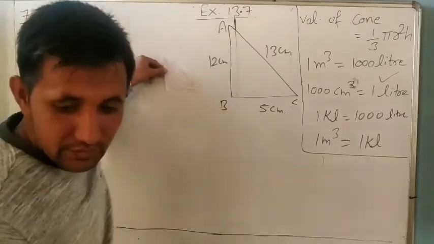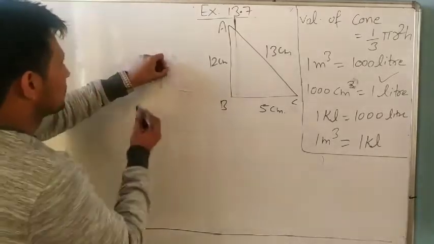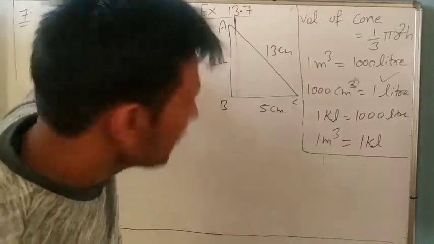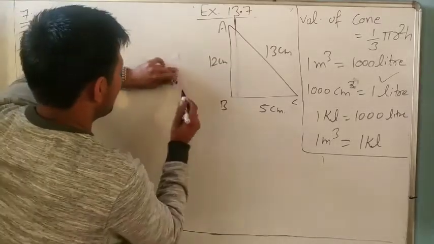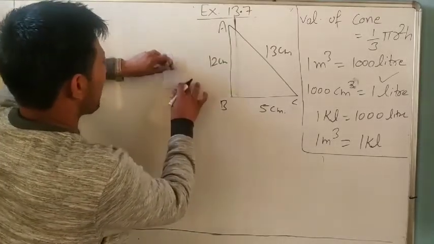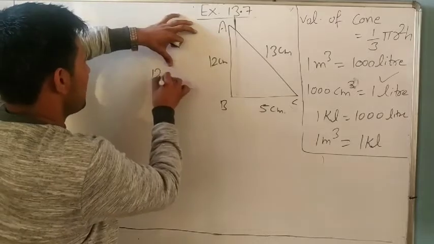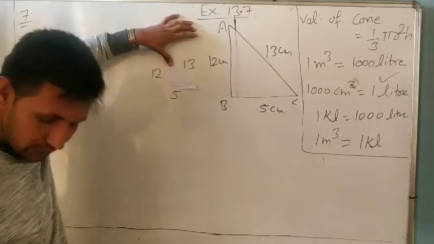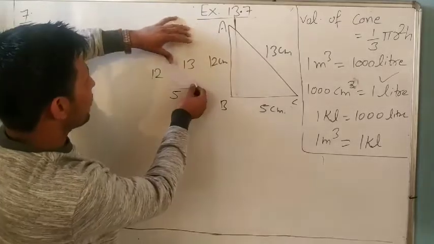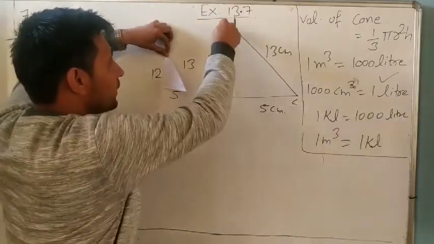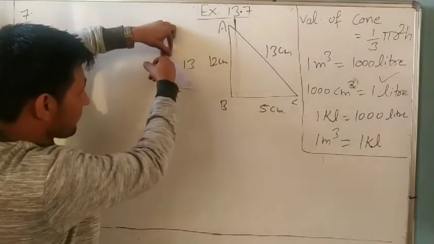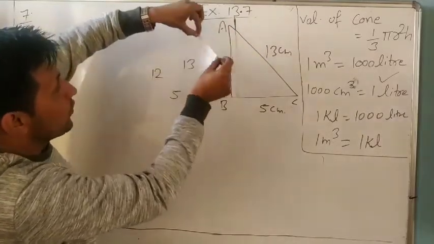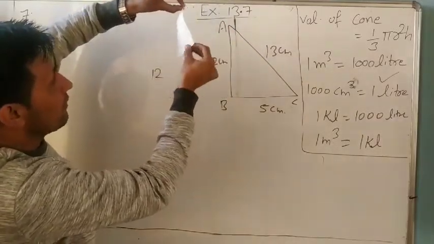This is a triangle whose sides are 5, 12 and 13. In the question is given, we have to revolve around 12 centimeter. It is 12, so we will revolve like this one, we will rotate like this one.